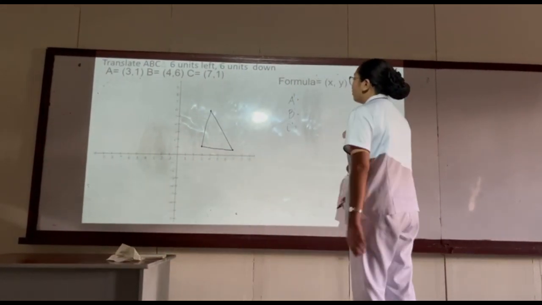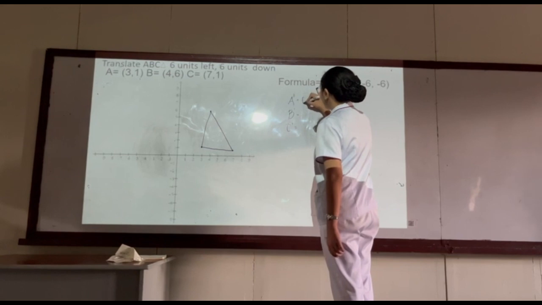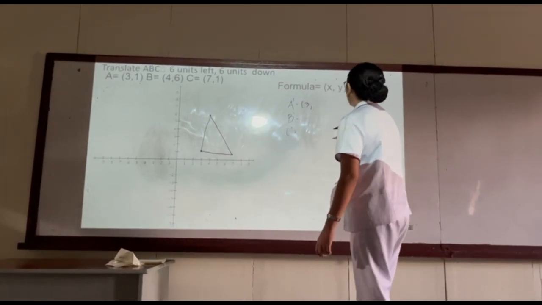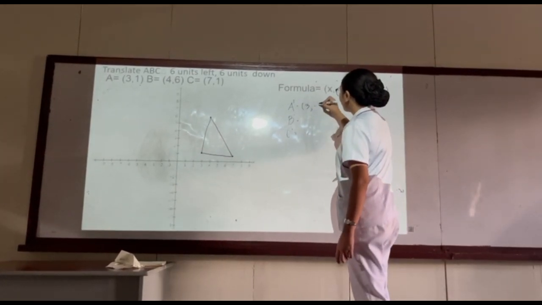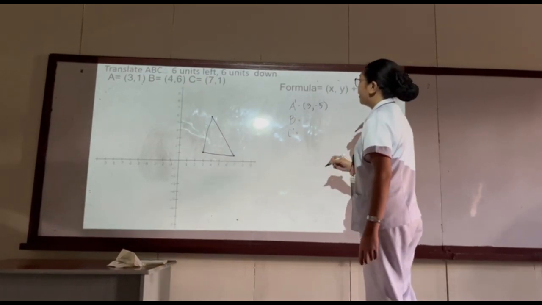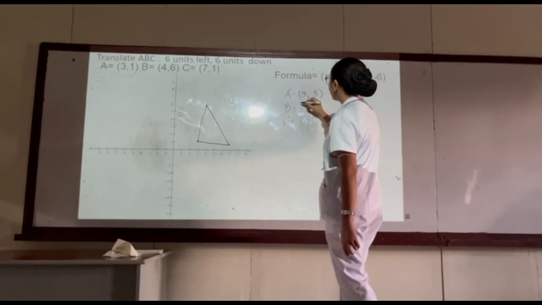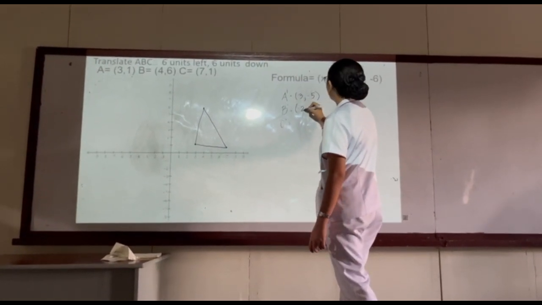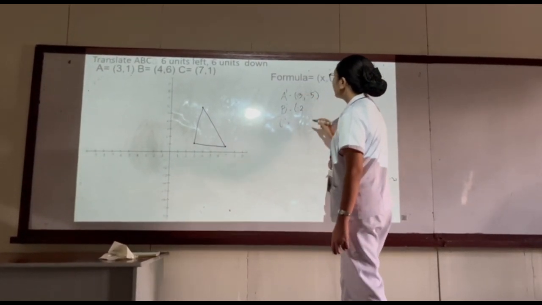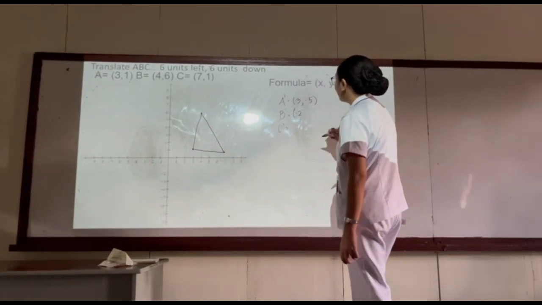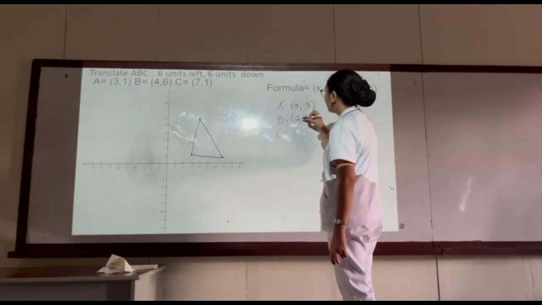With that, our new A prime will be 3. And our new B prime is -2 and 0.